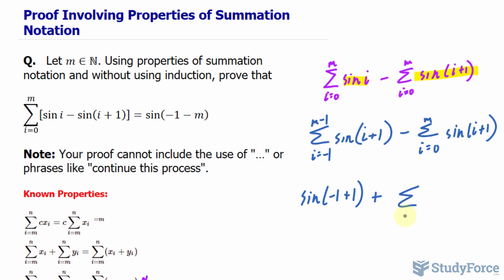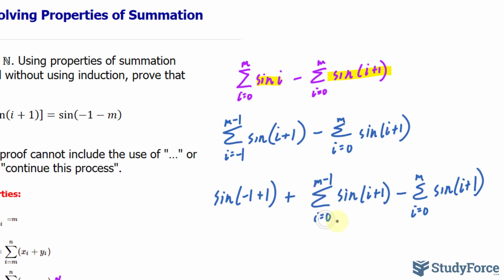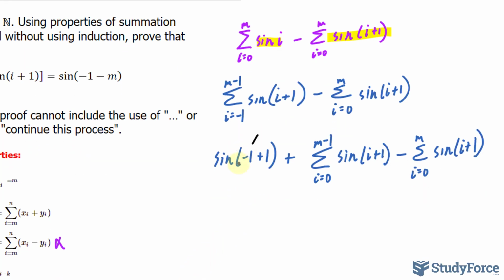So I have the sum where the index starts at 0, the upper bound hasn't changed, and the expression hasn't changed. This part also hasn't changed. Notice now we have two sums with the same index, and here we have sine of negative 1 plus 1, which is sine 0, and sine 0 makes 0. So we can ignore that moving forward, and we can focus on this part only.